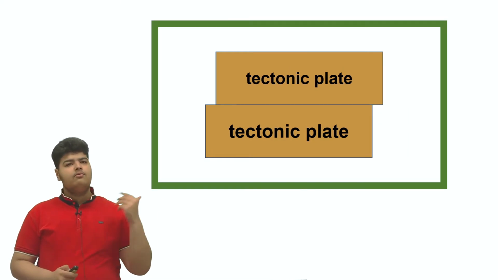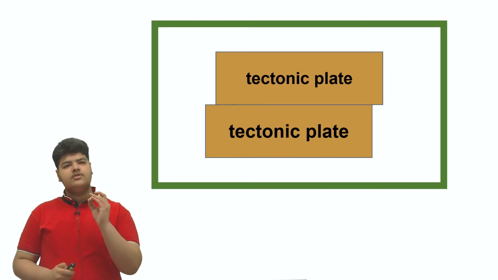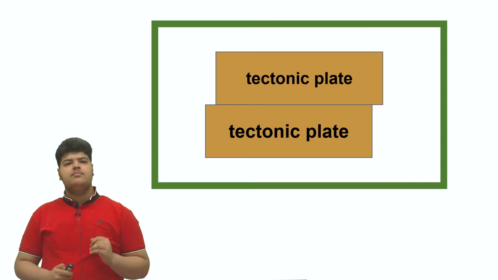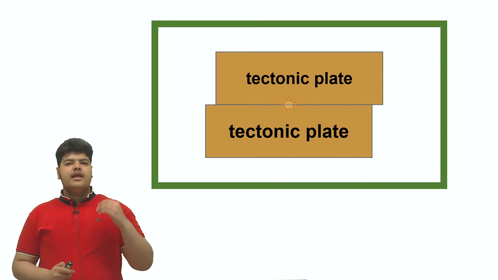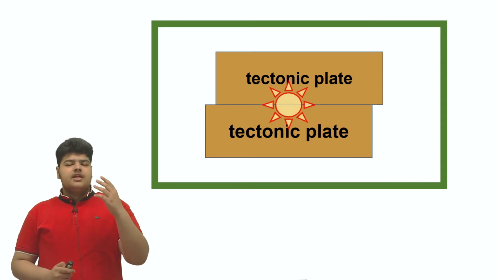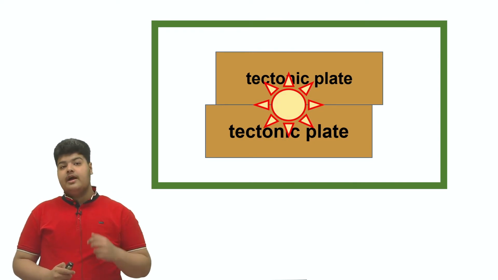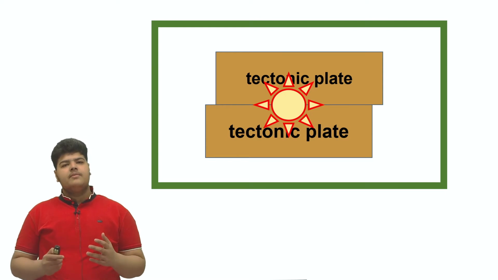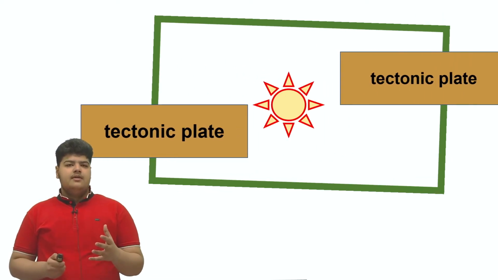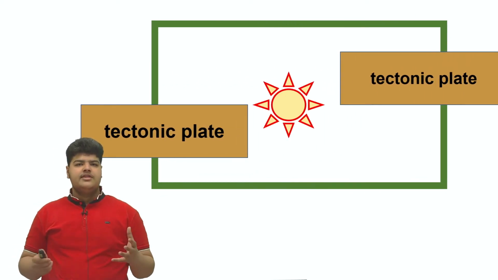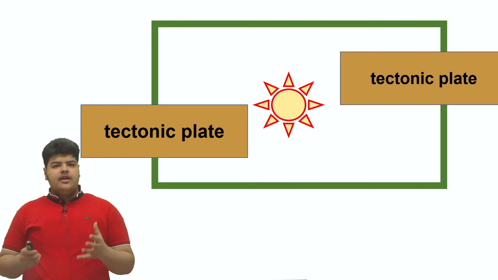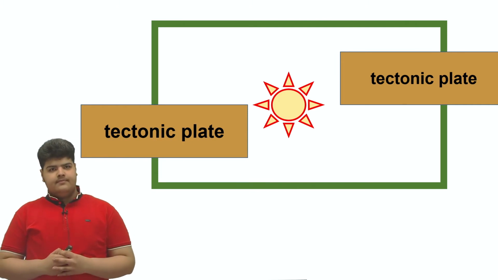Now they want to move further, but they are not able to because they are locked at some point. So intense pressure starts accumulating on that point. And when this pressure becomes extremely large, these tectonic plates suddenly move, which creates sudden waves, causing an earthquake.